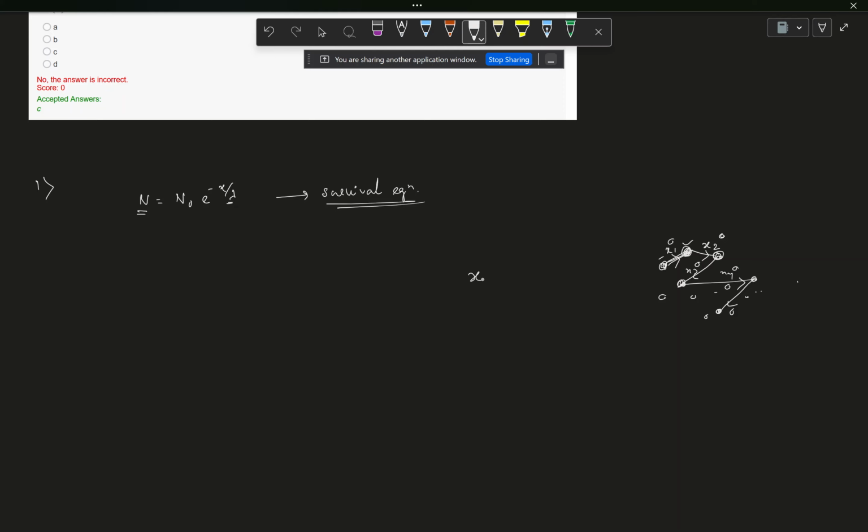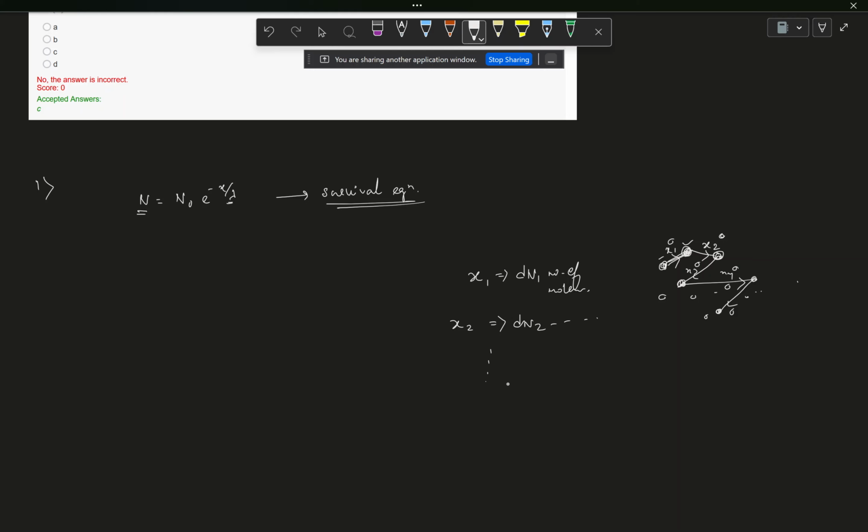Let's say x1 is the path distance covered between two successive collisions for dn1 number of molecules. Similarly, x2 is the path distance traveled between two successive collisions for dn2 number of molecules.